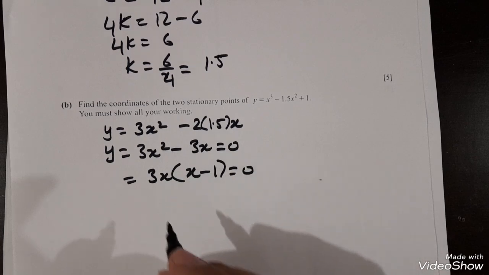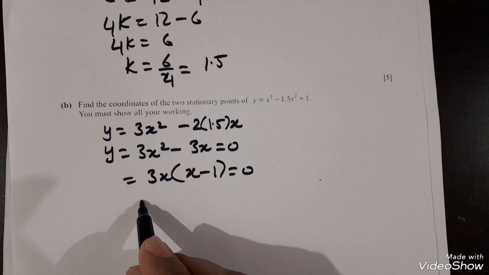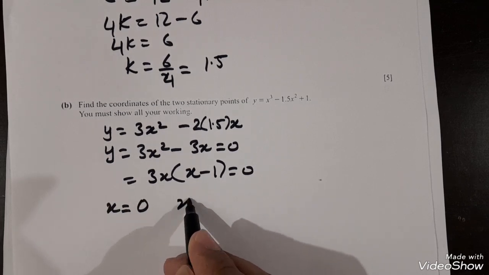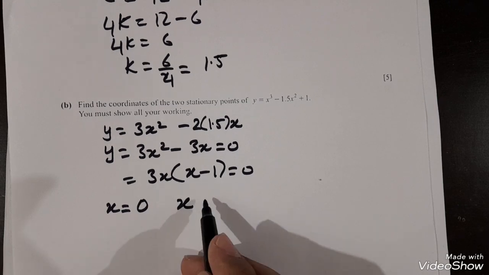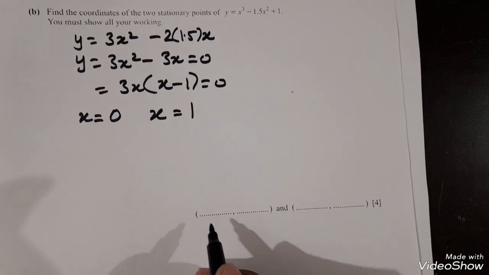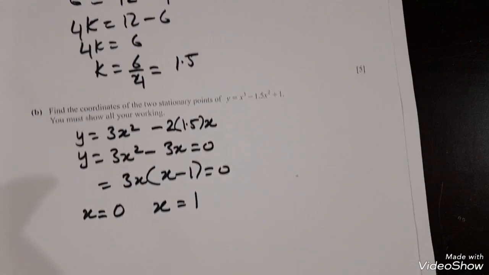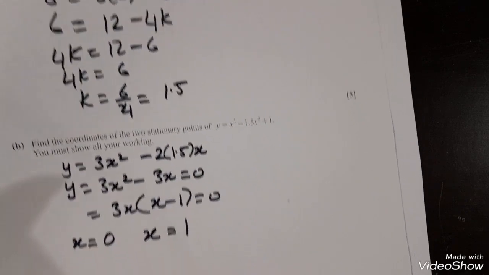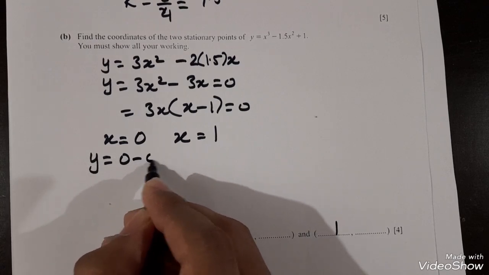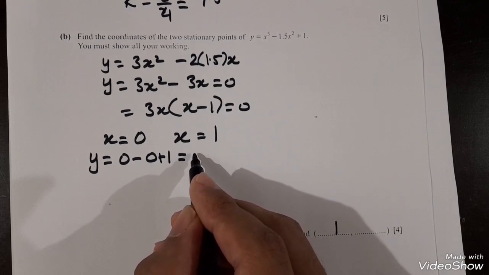So now the value of x is 0, and also the value of x is 1, not minus 1. So now what we will do is write 0 and over here we will write 1. Now in the equation, if we put y is equal to 0 minus 0 plus 1, which will be 1.